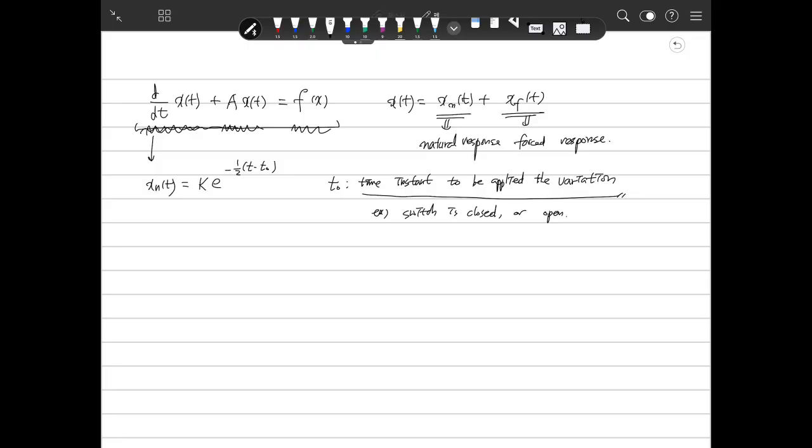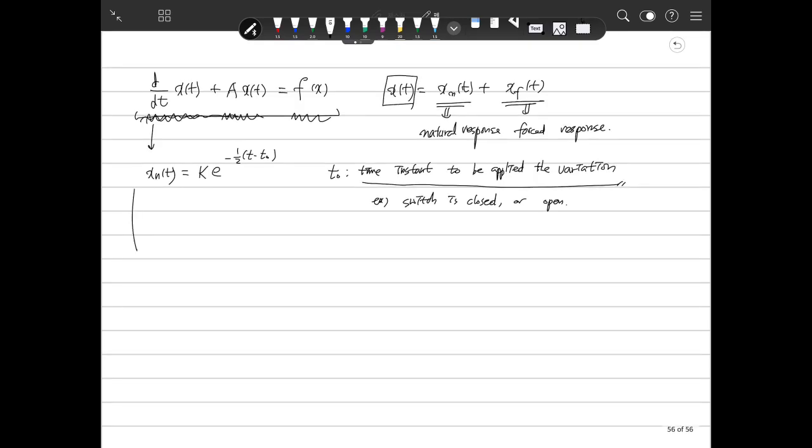This is the step to solve this equation. This is the natural response form, and x_f(t) is the forced response. The forced response depends on the forcing input f(x).